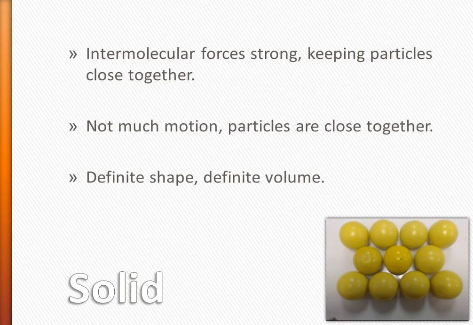That's the way solids work. So the forces between the particles are strong. These molecules don't have much motion. They're not allowed to move, not only because they're being held by forces, but also because there's just not a lot of space to move, and that gives rise to the definite shape and definite volume.